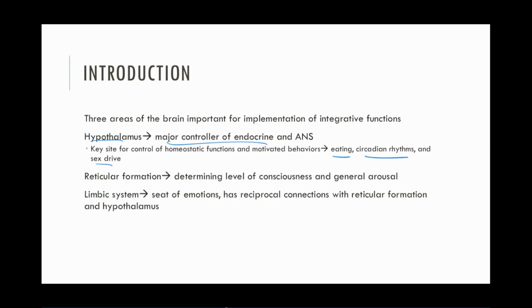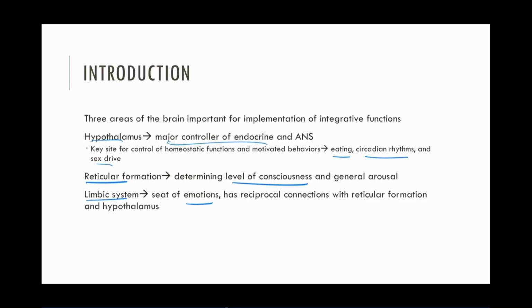Whenever you see the word reticular formation, think of level of consciousness and arousal. That's what the reticular system is for. And we also have the limbic system. And the limbic system is where our emotions are stored.